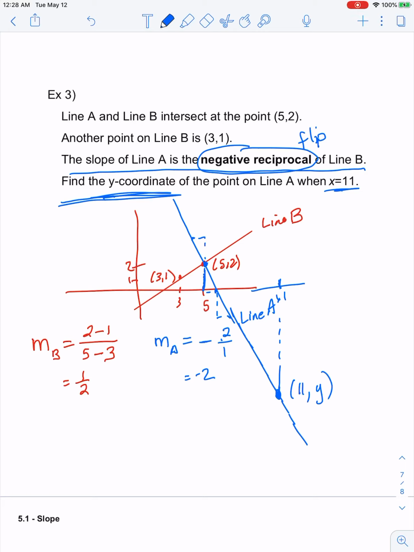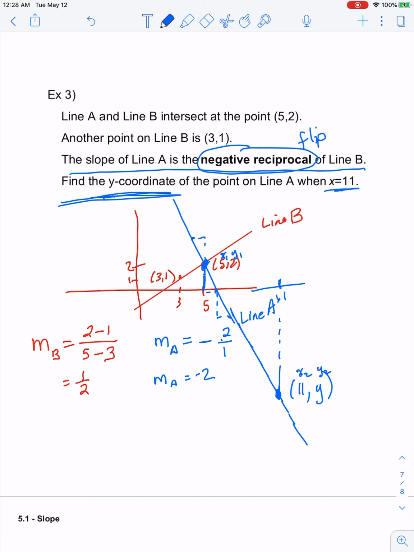We know this point (5, 2) is on that line. So I'm going to call that one x1, y1, and I'm going to call this x2, y2. And that's got to equal the slope of A, which is -2.